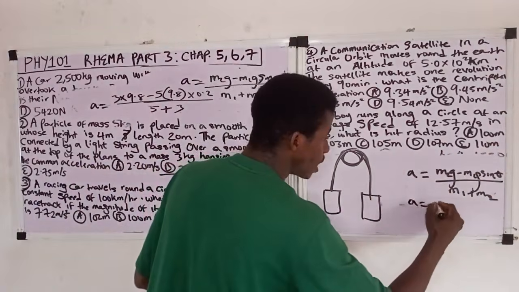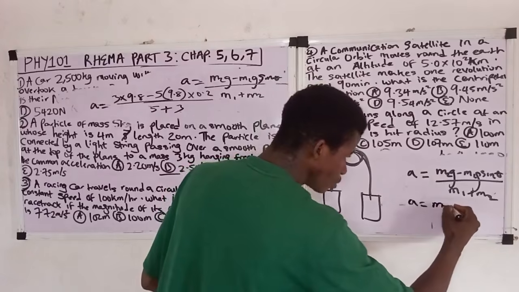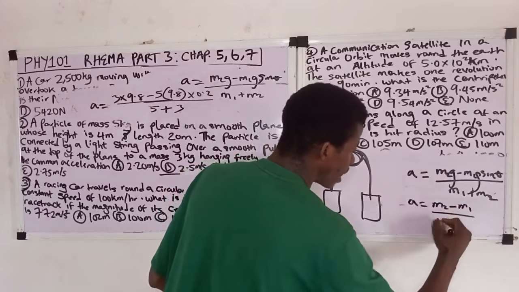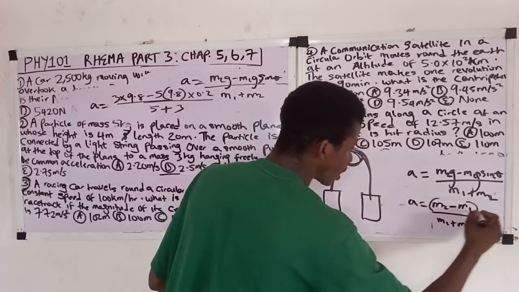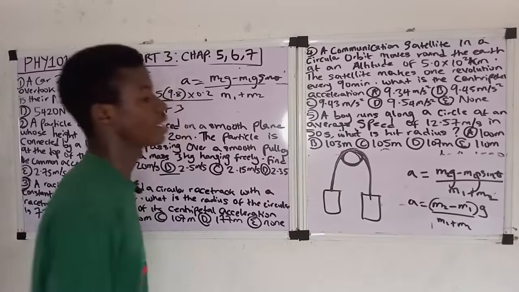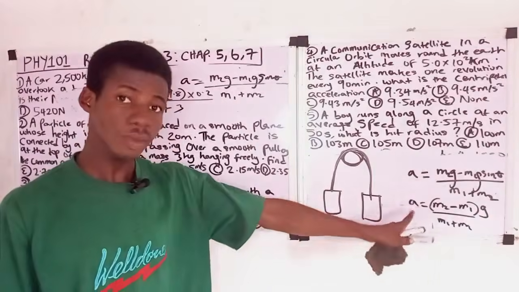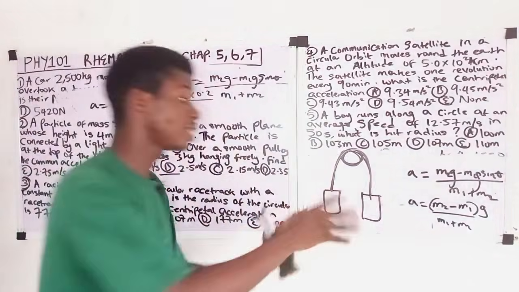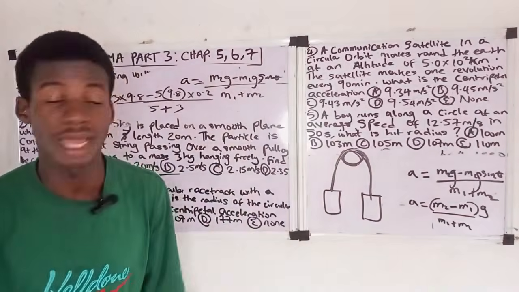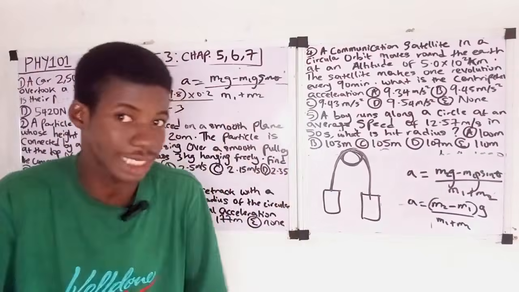So A equals (M2 minus M1) divided by (M1 plus M2), bracket close, times G. This is the formula for common acceleration when the two masses are suspended freely.